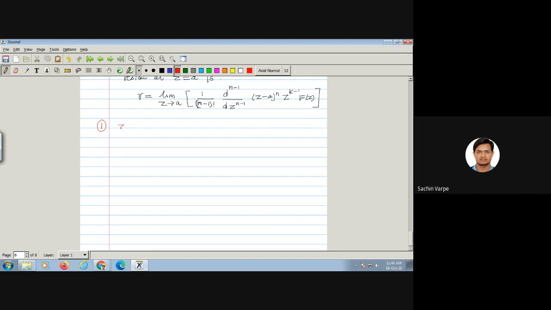Find the inverse Z transform of 1 upon Z minus 2 into Z minus 3. And the question is solved by inversion integral method. It will be specifically mentioned there in the exam also. I'm writing it short, IIM.